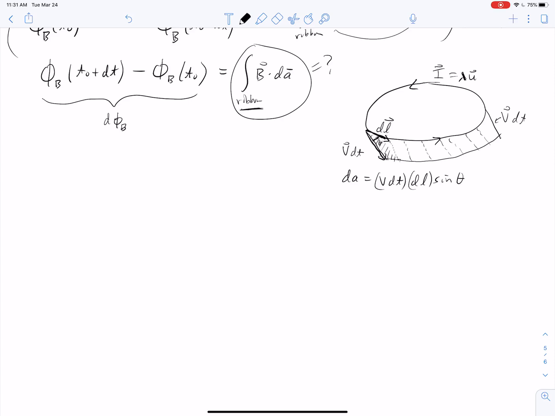That's the area of the parallelogram. But we also need a direction, and notice there's something very cute, which is that this is actually the magnitude of v dt cross dl.